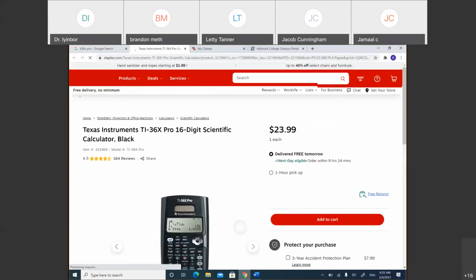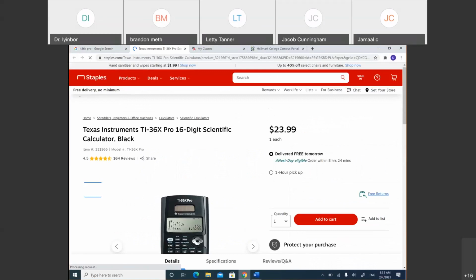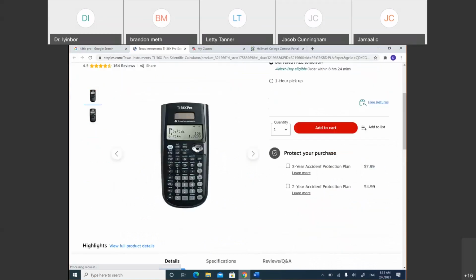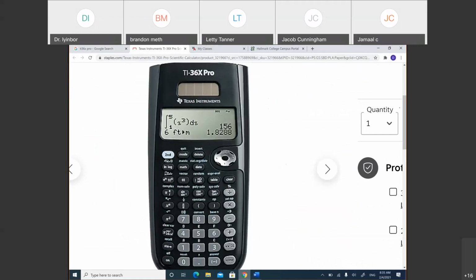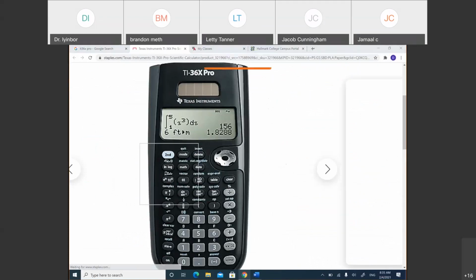If you look at this, this is where e is, e with the little box. This is the e. When you press it once, you get an exponent and you can type in the exponent. If you press it a second time, it gives you 10 with an exponent.